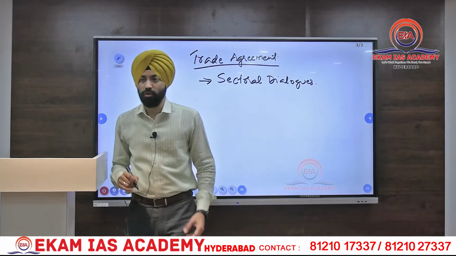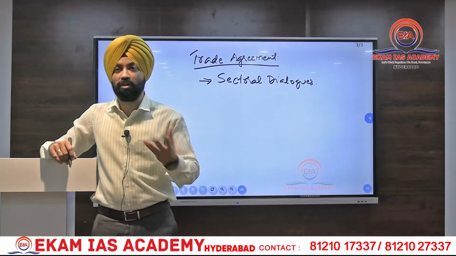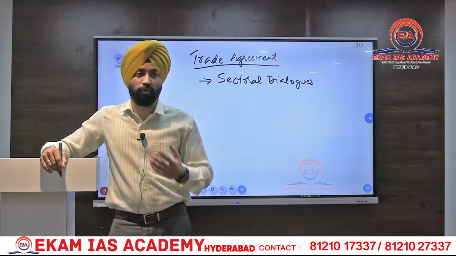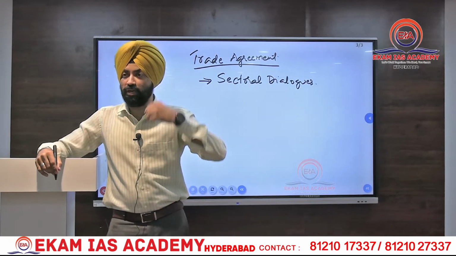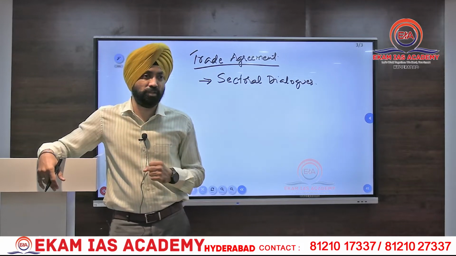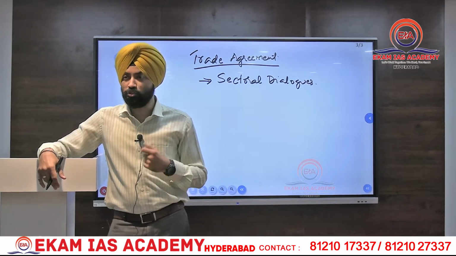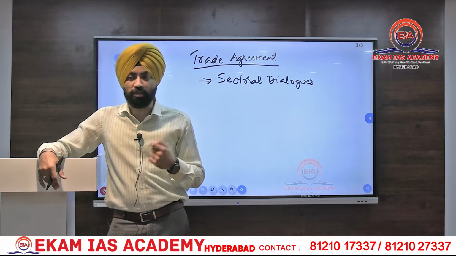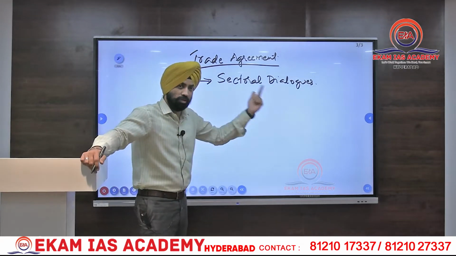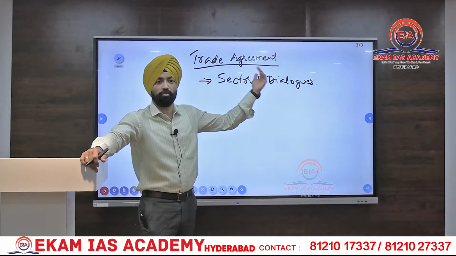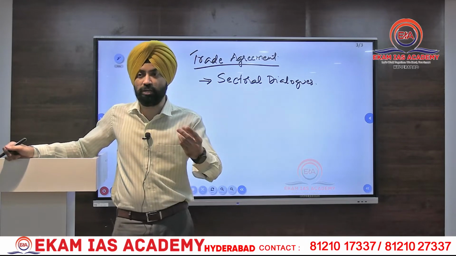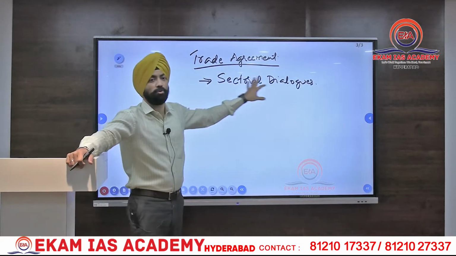Say, for example, India has a product called banana, which India wants to export to a country that has fuel oil and lubricants as one of its major trade products. You try to strike a relationship by offering your sectoral strength and taking theirs. That is how a relationship between two countries starts, with sectoral dialogues.